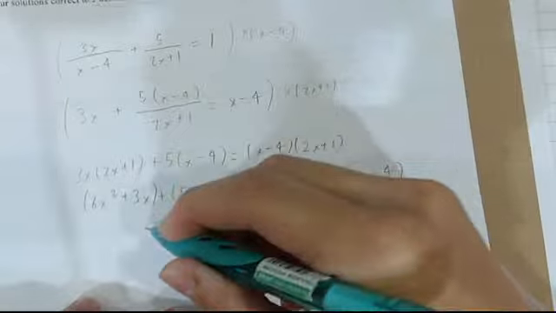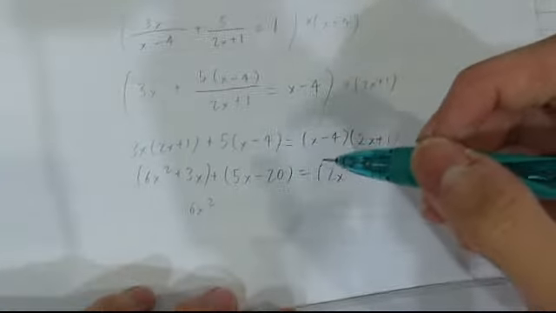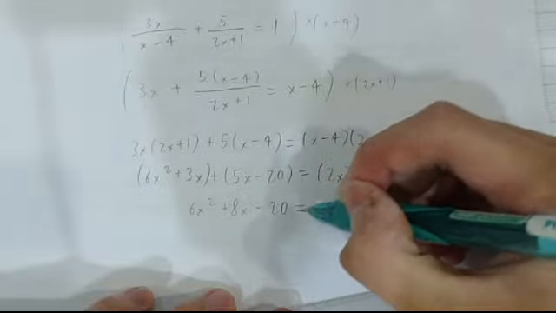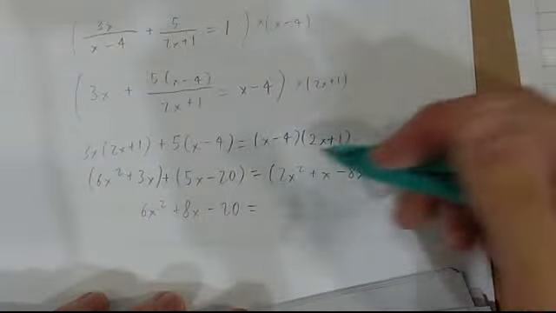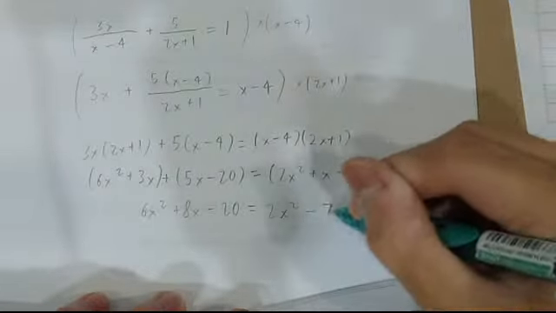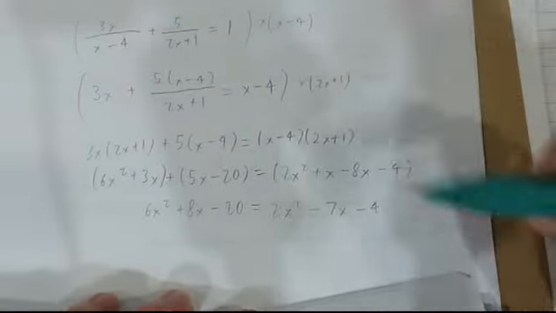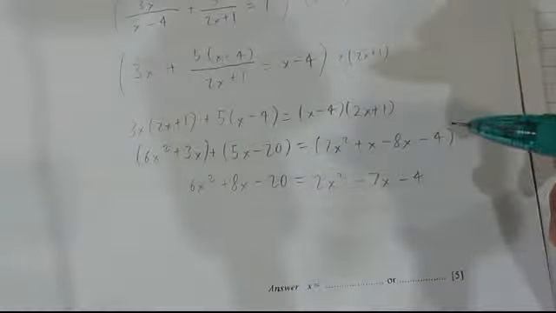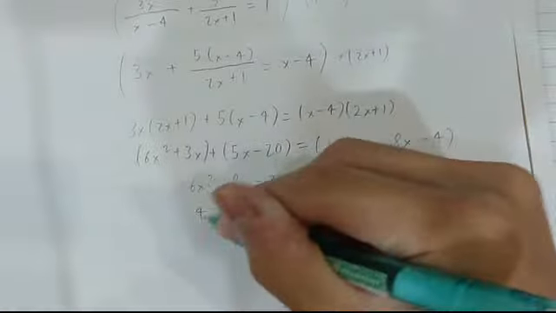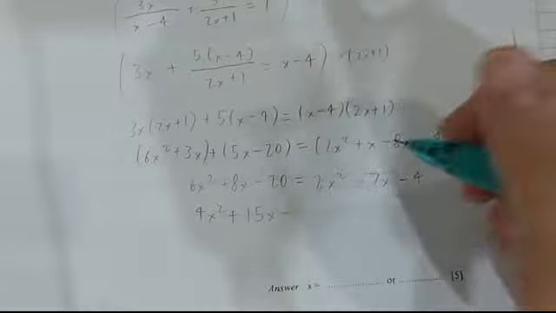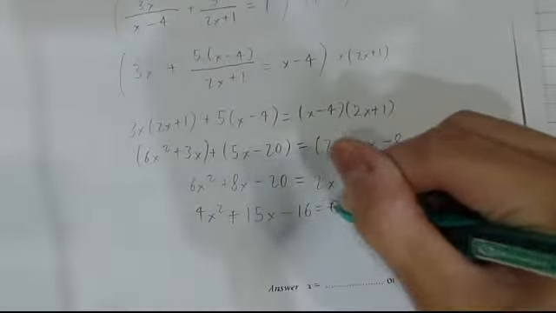So we get 6x squared, 3 plus 5, that's 8x, minus 20, and 2x squared, plus 1 minus 8, that's minus 7x, minus 4. So we just rearrange the terms a bit. We get 4x squared plus 15x minus 16 is equal to 0.